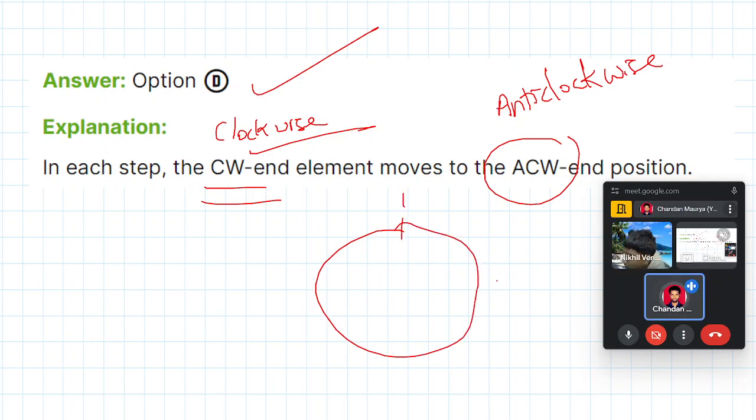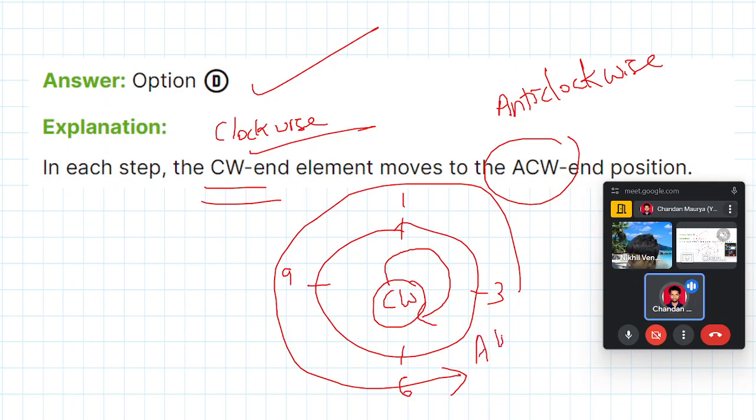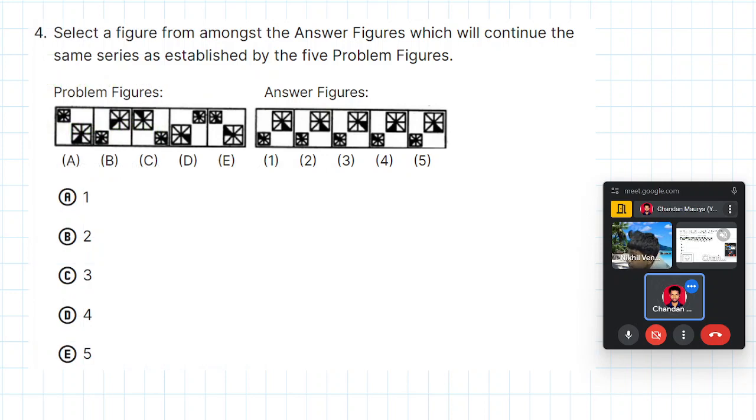Maybe this is one, this is three, six, nine. So if it is in this direction, this is clockwise direction. And this is anti-clockwise direction. Fine, Nikhil. Very good.